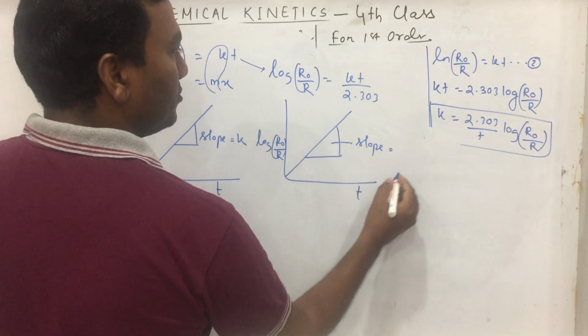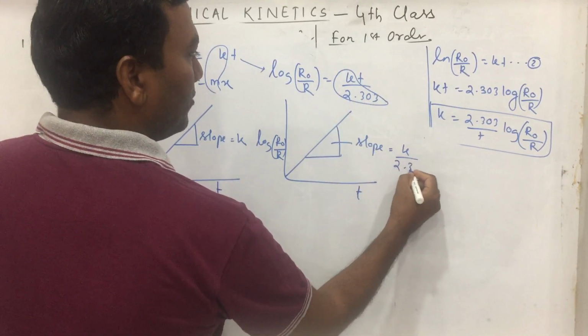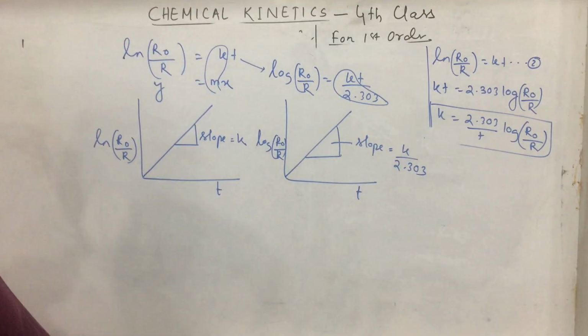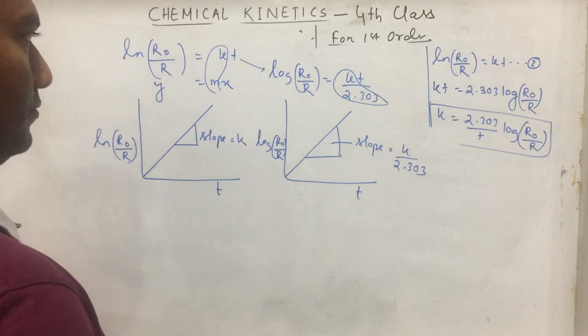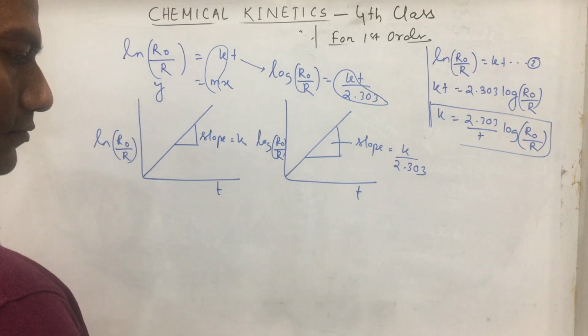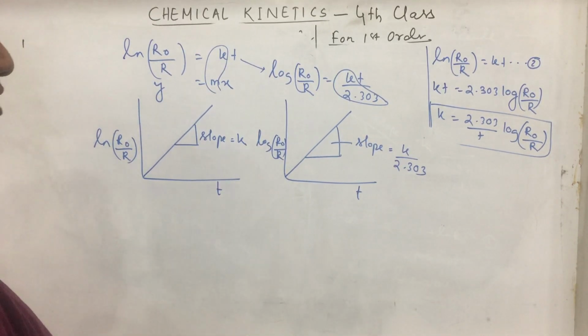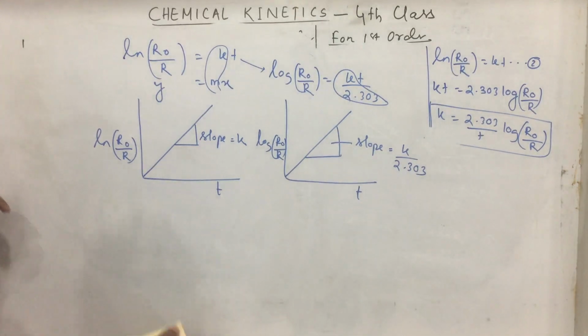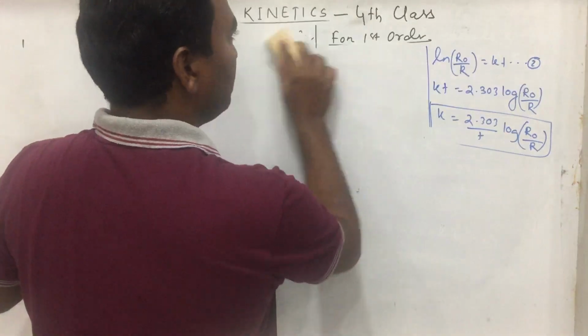The slope equals k divided by 2.303. Okay, so these are the graphical representations of zero order and first order reactions.